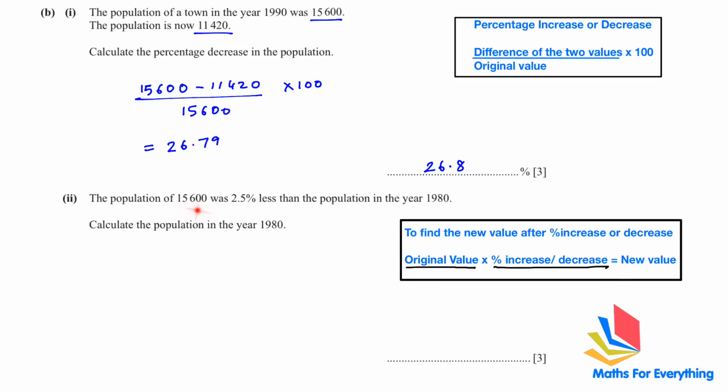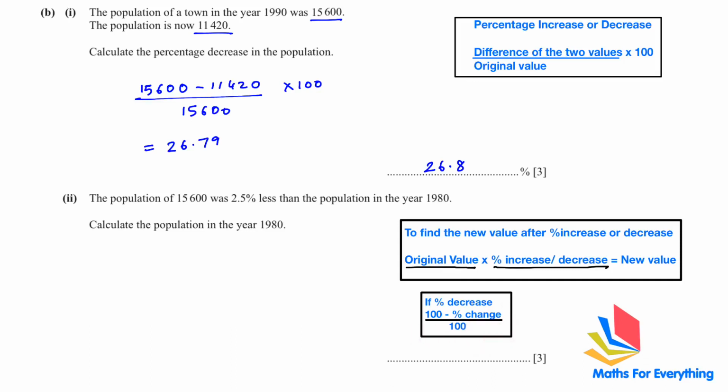The population of 15,600 was 2.5% less than the population in the year 1980. So this is a decrease. If it is a decrease, the change in percentage is found by 100 minus the percentage change, divided by 100.